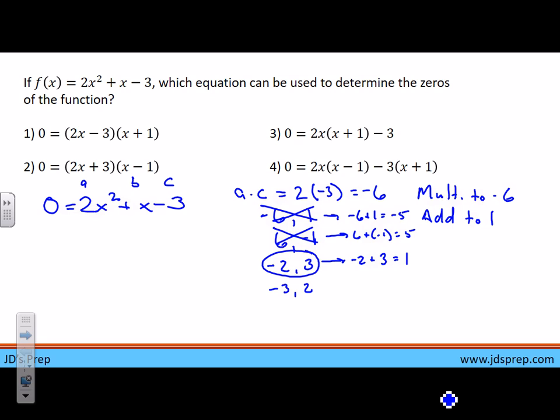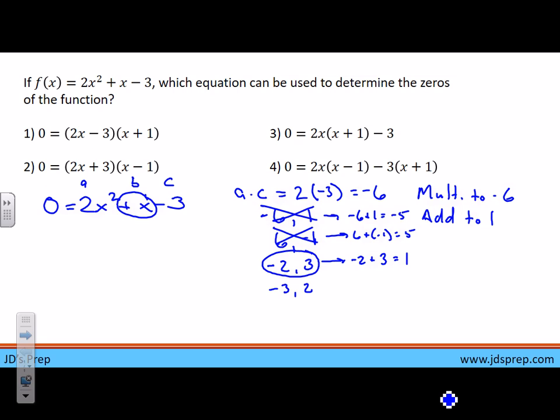Once we find those two numbers, we're going to rewrite this middle term, the plus x, and kind of undo the combining of like terms that would happen if you're multiplying out one of the expressions in the four equations we're choosing from. We do that by replacing the plus x with two x terms that have the coefficients of the negative 2 and the positive 3 that we just found.